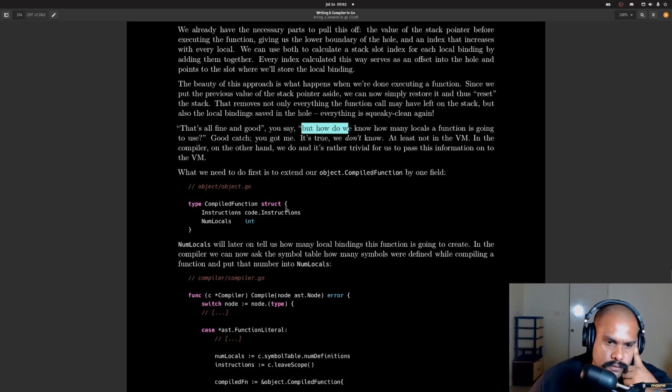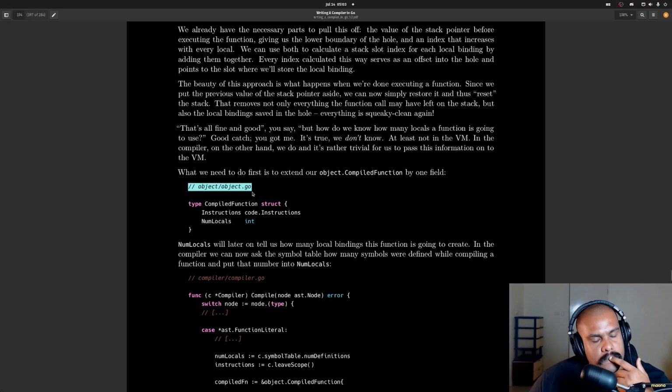Compiled function, okay, just add it, easy enough.